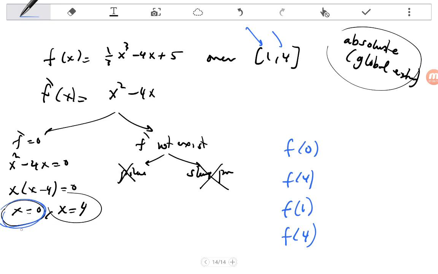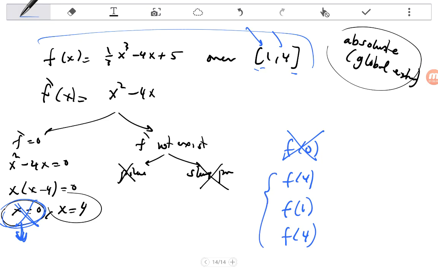Remember, the domain of this function is from 1 to 4. Is this an acceptable critical point for my domain? I will not accept it, so I will take it out of my test.